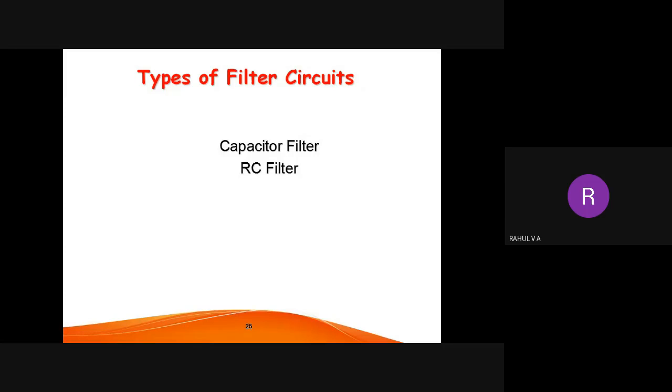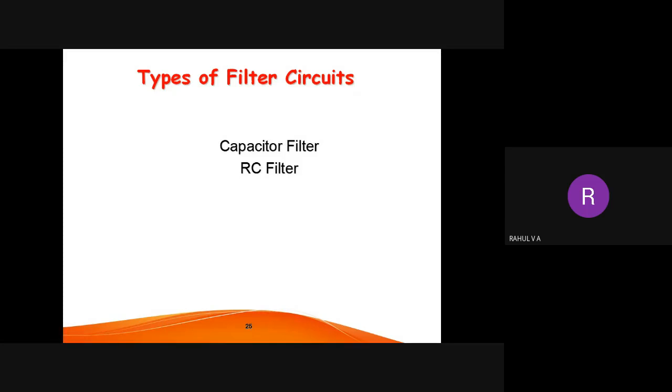And we have seen the rectifier. It is used to convert AC to DC. The AC signal or AC source will be converted to DC. So that is the purpose of the rectifier. We have seen that there are two types of rectifier, half wave and full wave.